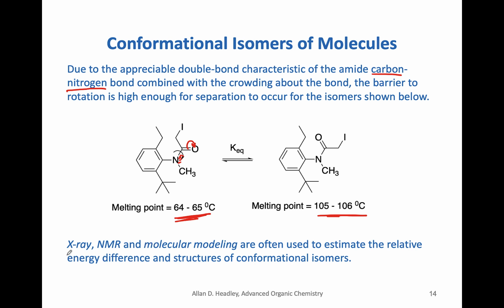Typically done by X-ray or NMR, different environments, or molecular modeling can give you some good estimates of the energy difference between these. As we'll see later on, if you should get any one of these conformational isomers and supply enough heat to it, you can get them to convert. But as you lower the temperature, you can isolate them here.